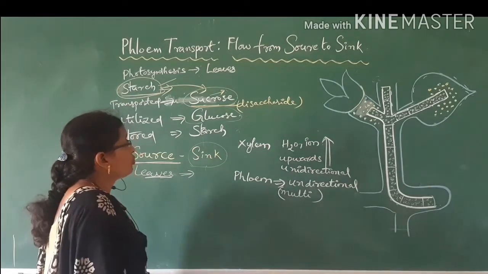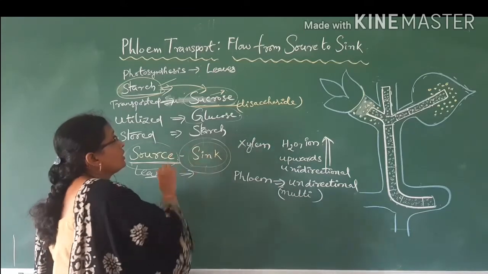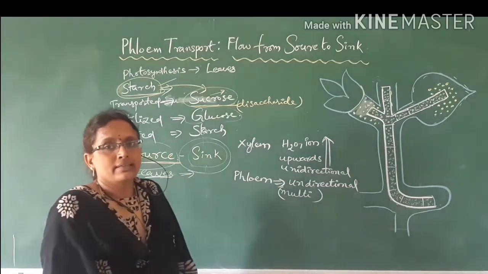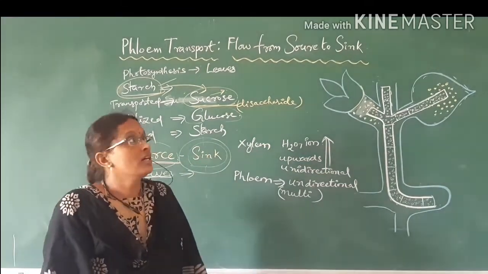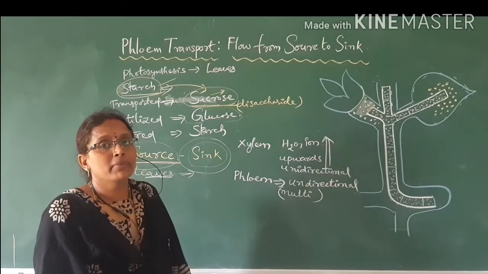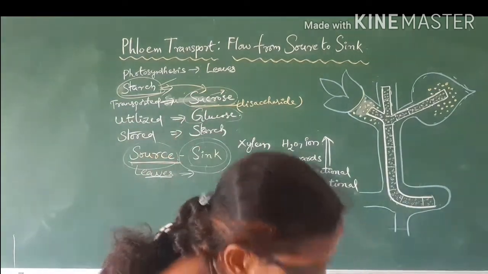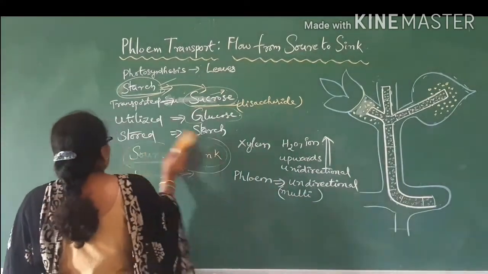So here food is moved from the source to sink. How is it going to be moved? That hypothesis is given by the scientist Munch. Pressure flow hypothesis is given by Munch.